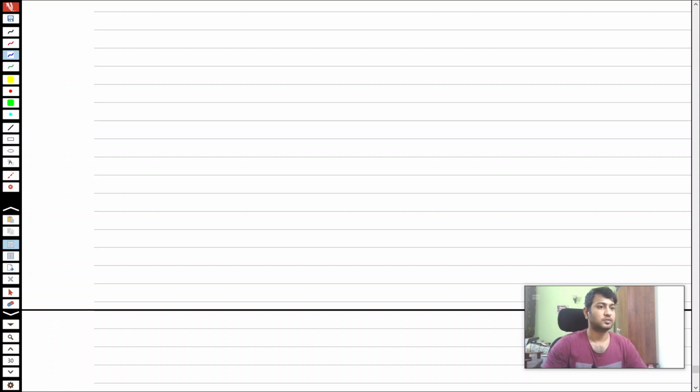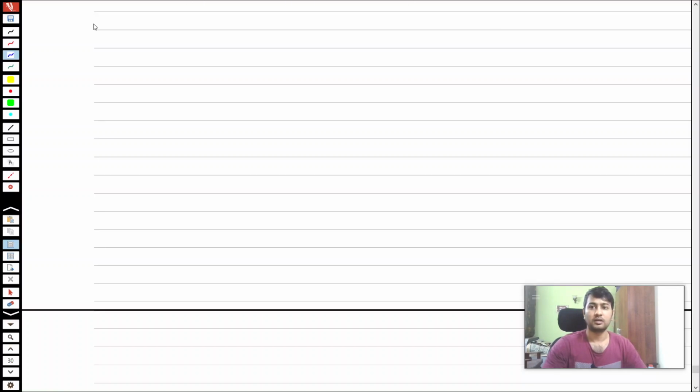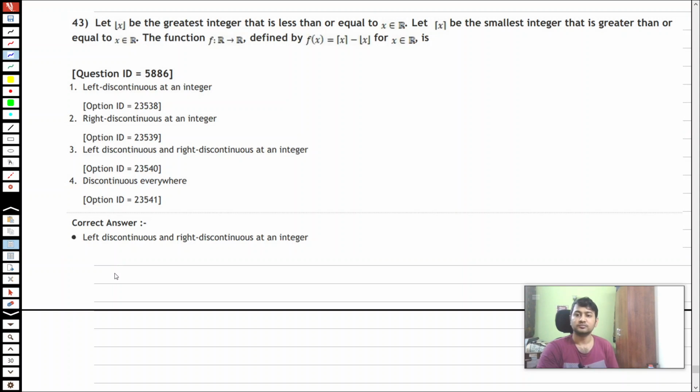In this problem we come back to the original definitions, and we define a new function that is the smallest integer greater than x minus the greatest integer smaller than x.